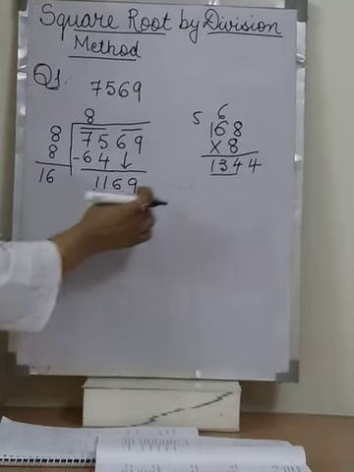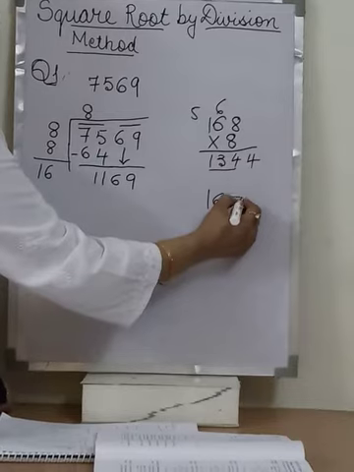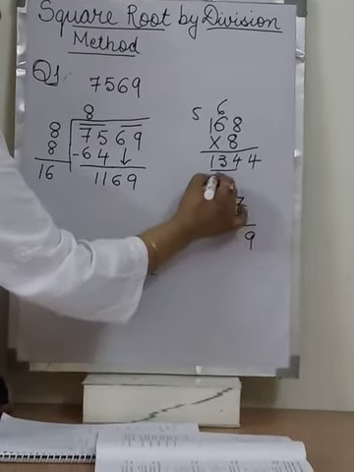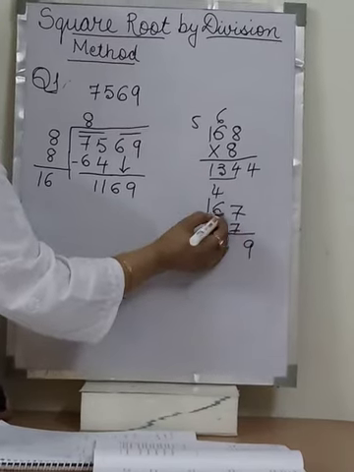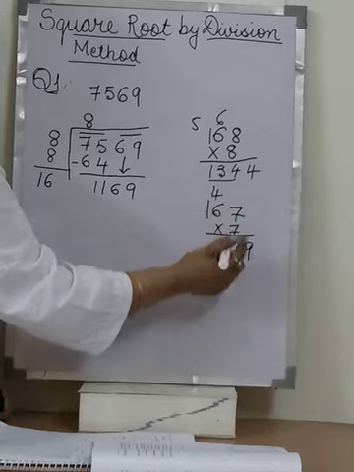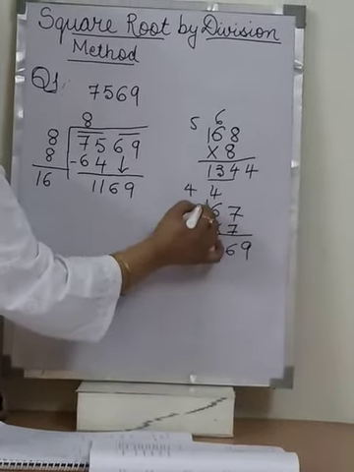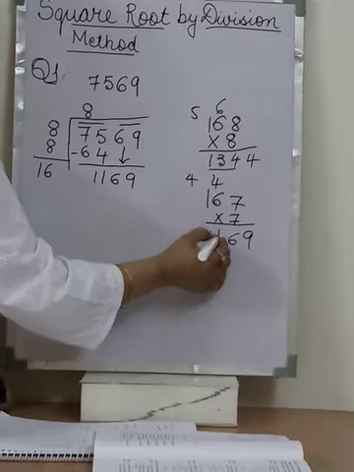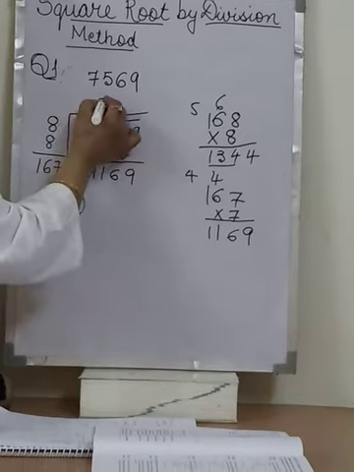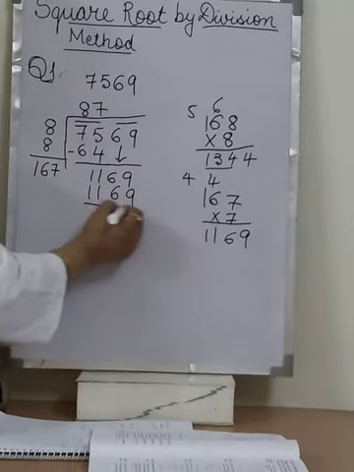So we can't take it, because this is 1100 and we have 1300. Now I multiply it with 7. 7 7s are 49. 4 here. 7 6s are 42 and 4 is 46. 7 1s are 7 and 4 is 11. So we come to know that if we place 7 here and multiply it with 7, what are we going to get? 1169.